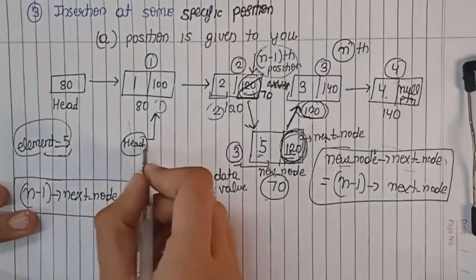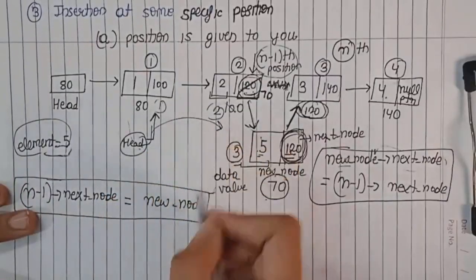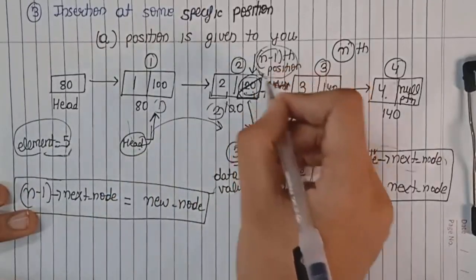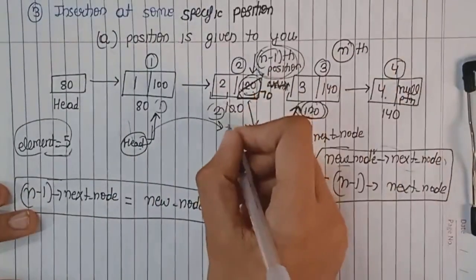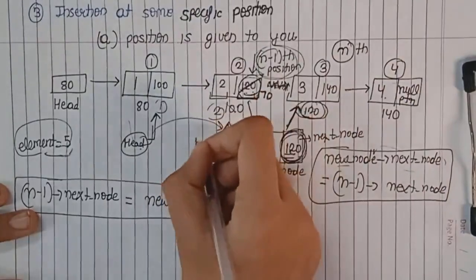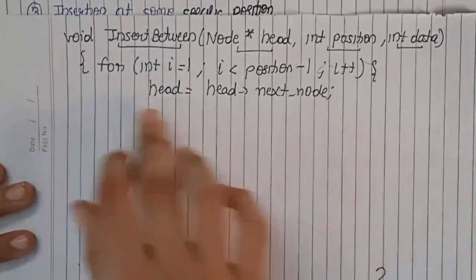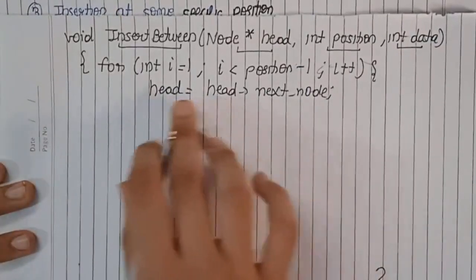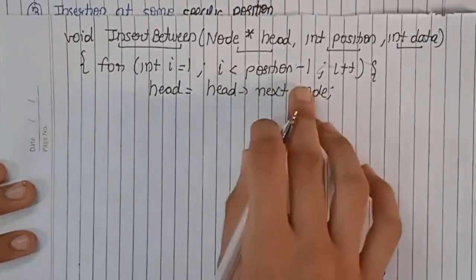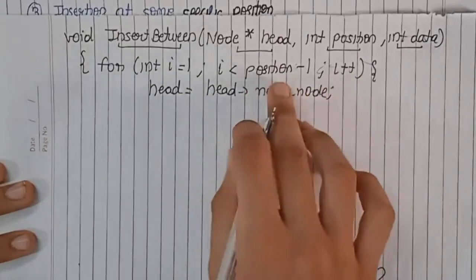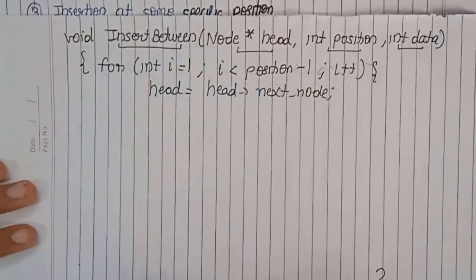So now this pointer will move ahead until you reach the n minus 1th position, and at the end you will find your head pointer here. So after this loop, your head pointer will be pointing to the position -1, that is n minus 1th position.